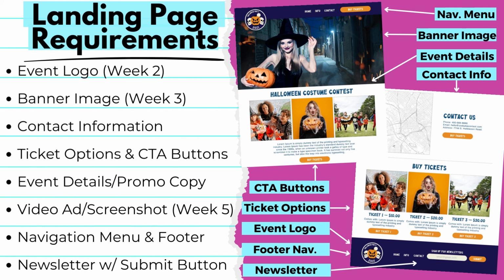Also, event details and promotional copy that you created, making your promotional flyer. And then you want to either add that video ad that you created in Adobe Premiere Pro, or you can add just a screenshot of your video ad that you created in week 5 in Adobe Premiere Pro.